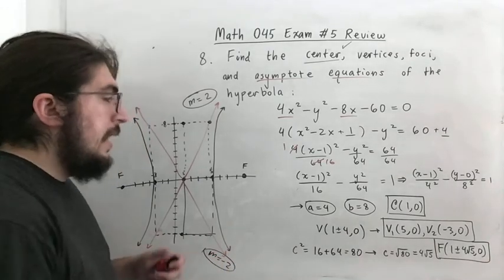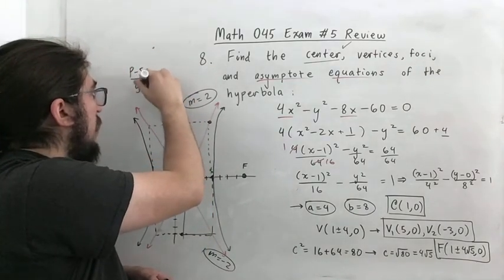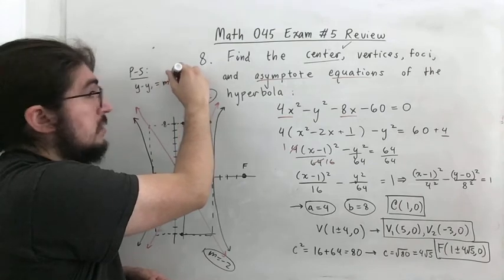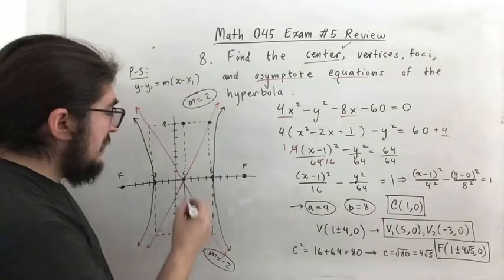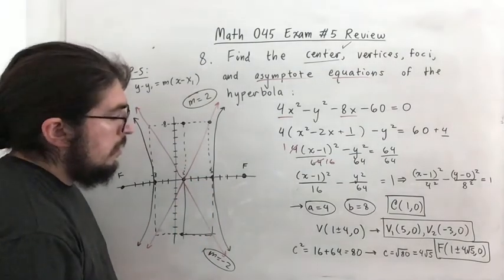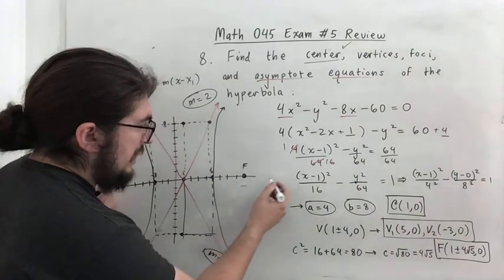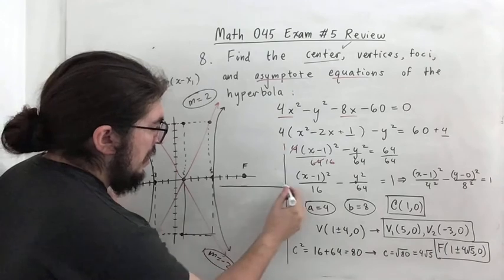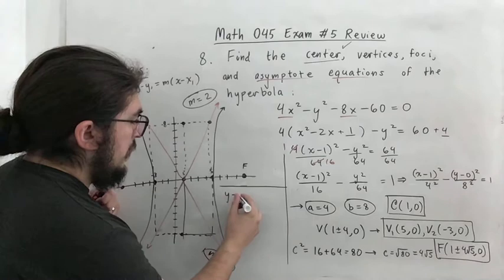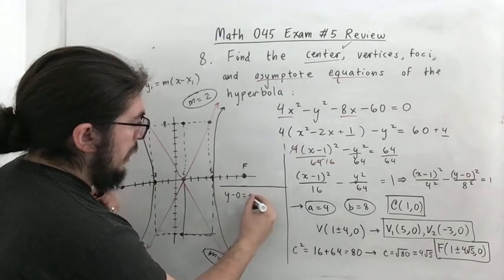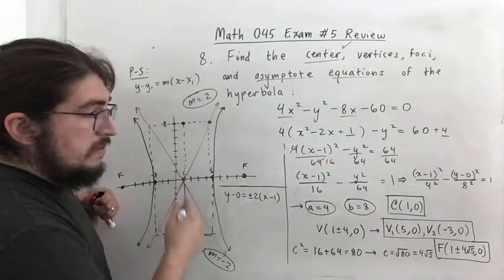By point slope, just to remind us what point slope looks like, that's y minus the y value of a point equals the slope m times x minus the x value of a point. Now the point I'm going to be using is the center, 1, 0. So for the asymptote equations, we're going to have y minus the y value of this point, which is 0, equals the slope, which is plus or minus 2, times x minus the x value of the point, which again is the x value of the center, which is 1.